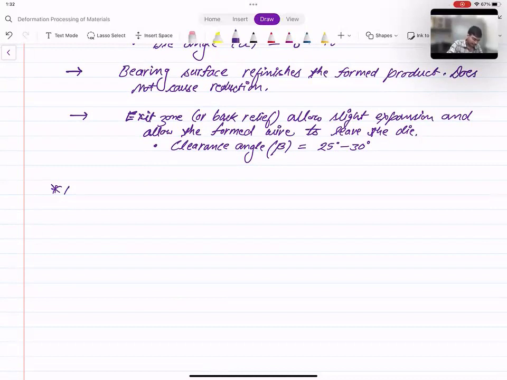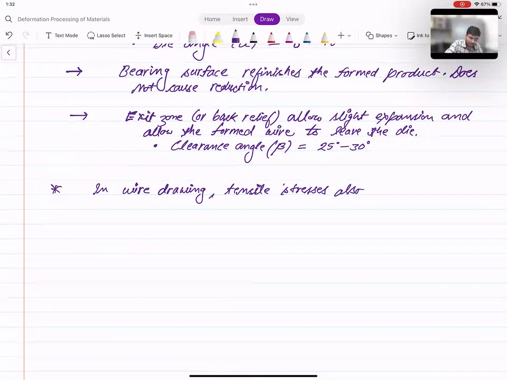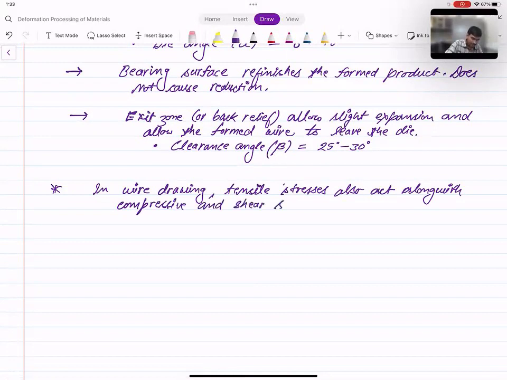So in wire drawing, tensile stresses also act along with compressive and shear stresses.